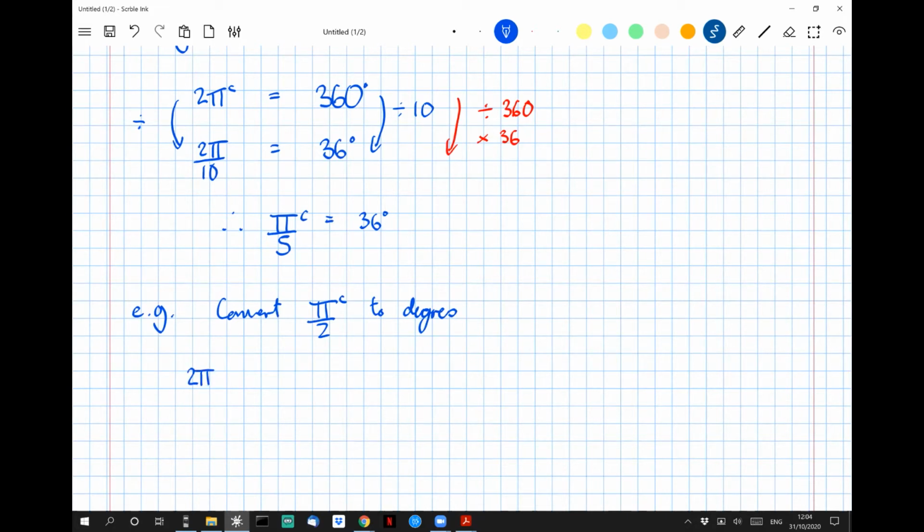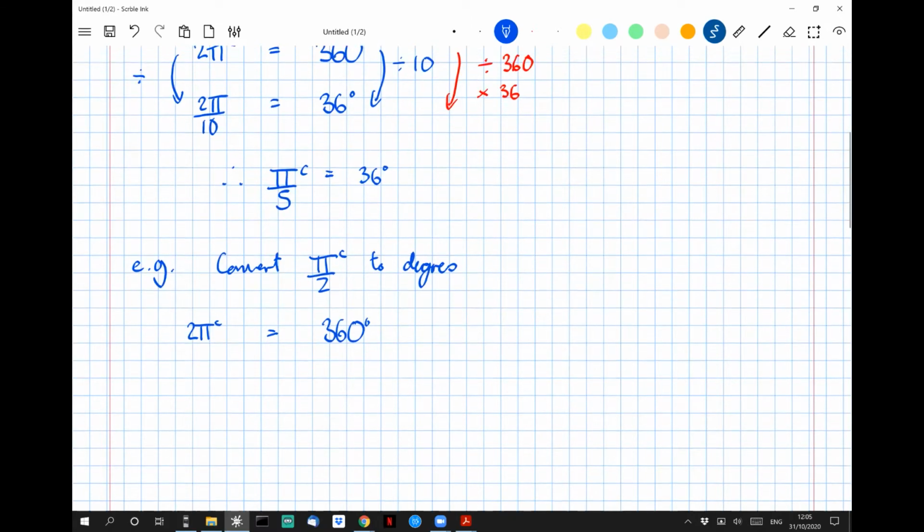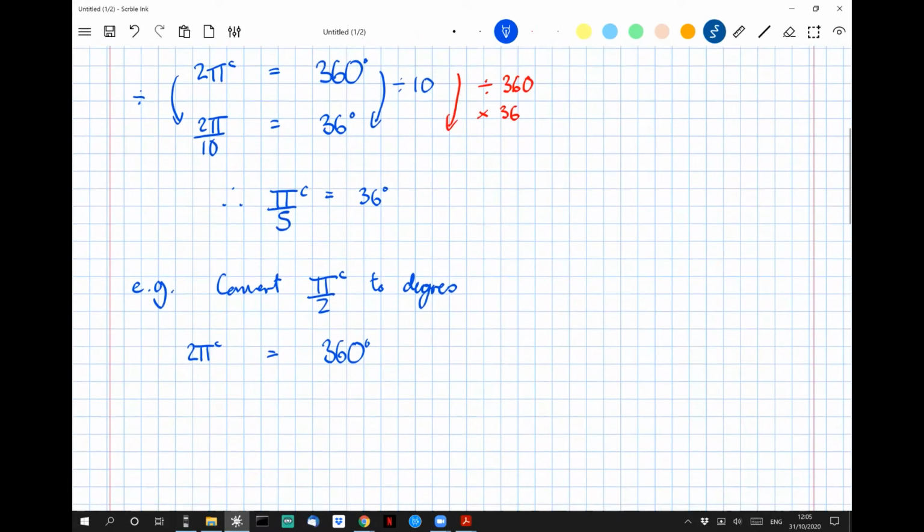So write the fact down first. So 2 pi radians equals 360 degrees. And our target number of radians is pi over 2. We can divide by 4 to get that.